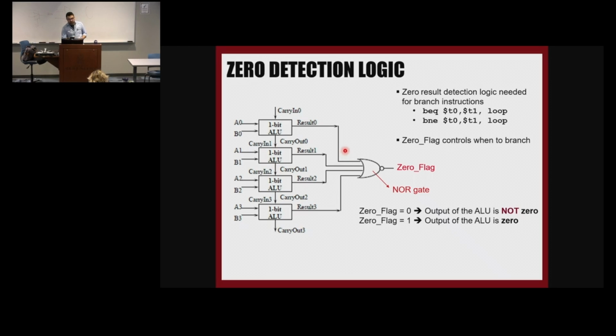If all of them are 0, the output of the NOR gate is going to be 1. So you simply use a NOR gate and connect every single bit in the output of the ALU to this NOR gate. And if everything is 0, the output is going to be 1. Okay, that's how we create the 0 flag.